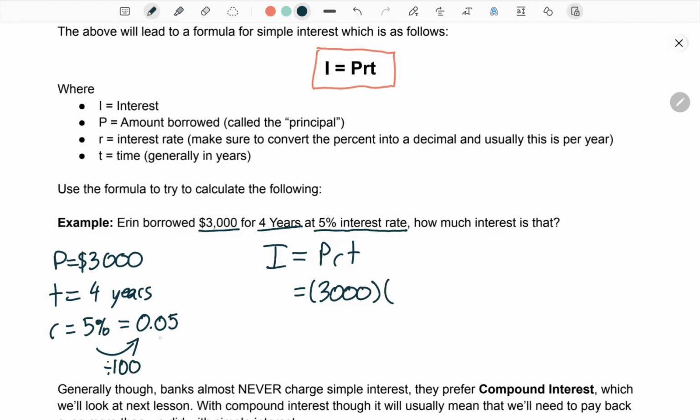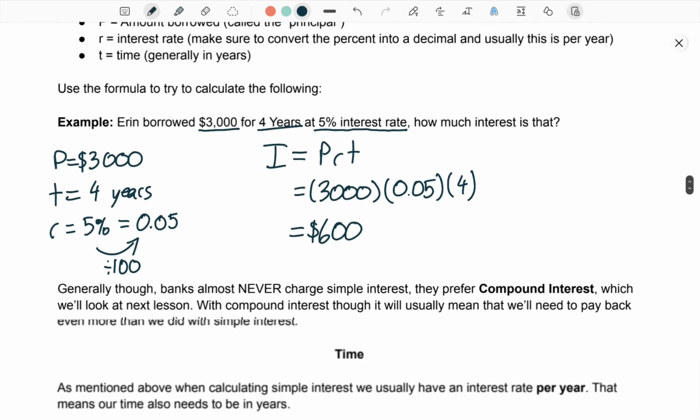Take the interest rate of 0.05, so the decimal value one, multiply that, so in brackets. And the 4 years, so we can just write 4 here and multiply that. So we're just doing 3,000 times 0.05 times 4. All right, and if you put that into your calculator, you should get an answer like $600. So hopefully that's what you got.